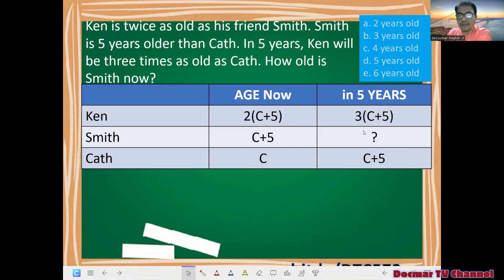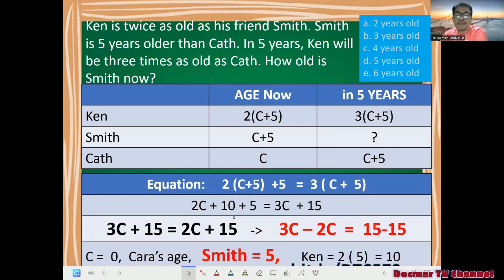So in 5 years, so 3 times daw siya with the age of Kat. And Kat naman, ang age ni Kat in 5 years is C plus 5. What about Smith?